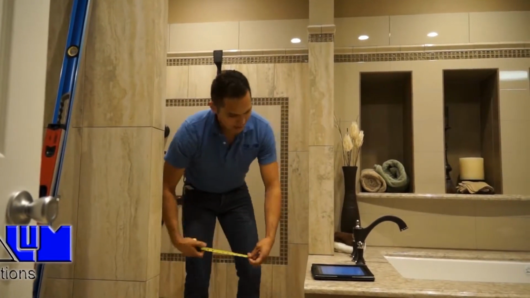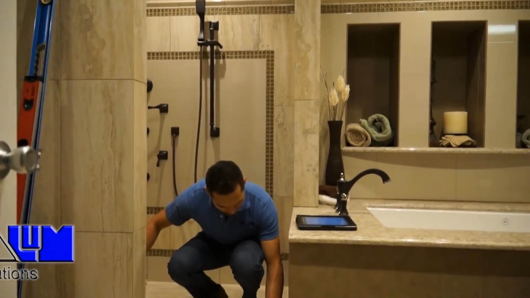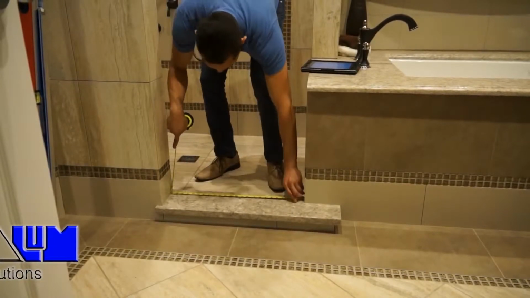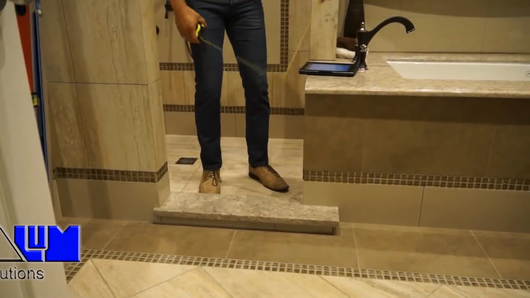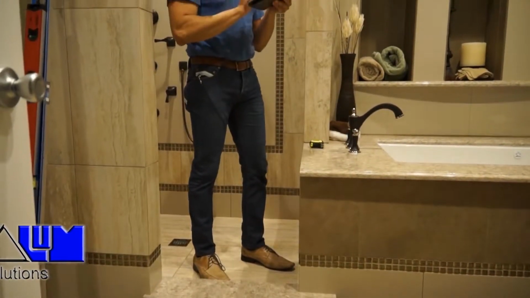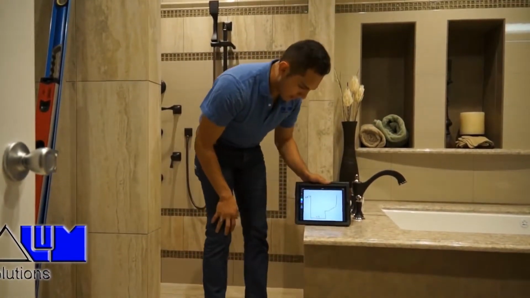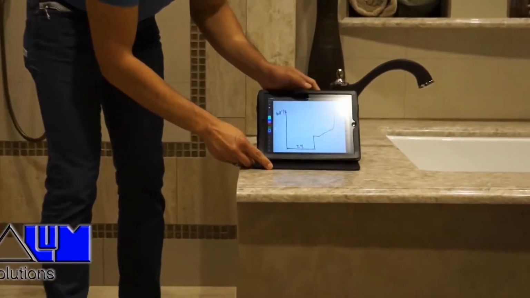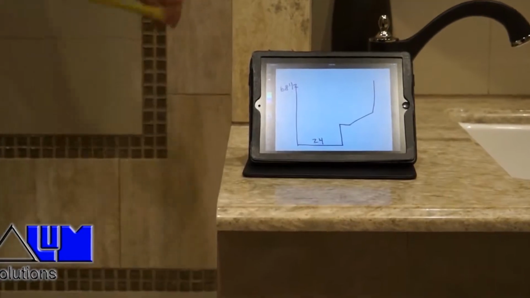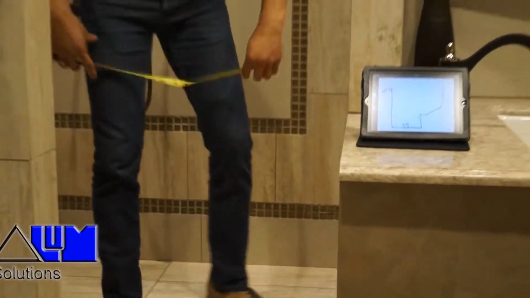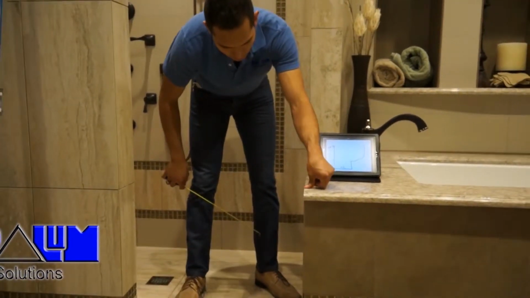Now I'm going to measure the bottom part. This measurement from the door is 24 inches. Now I'm going to take this measurement. It's important to take this measurement from this point here.